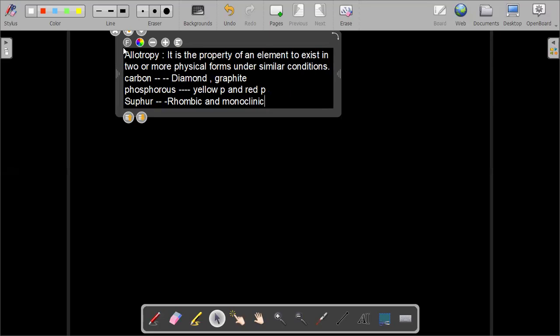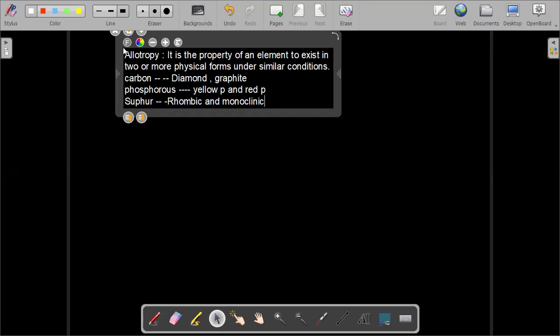If you observe graphite and diamond, can anyone tell me the differences between them? Abhinav, can you tell the differences between graphite and diamond? Graphite is less hard than diamond. Yeah, graphite is not hard, it's soft. Diamond is the hardest substance.